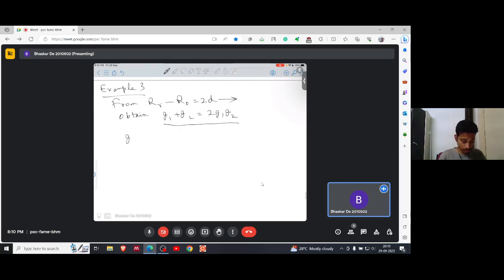Now as we have mentioned in the previous session, g1 is 1 minus d by r1 and g2 equal to 1 minus d by r2.